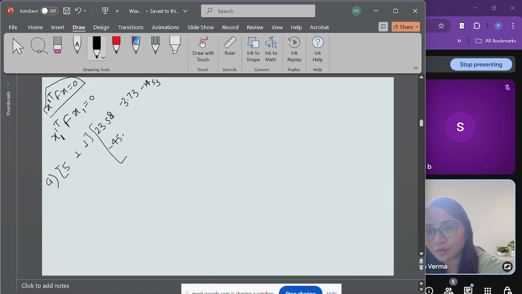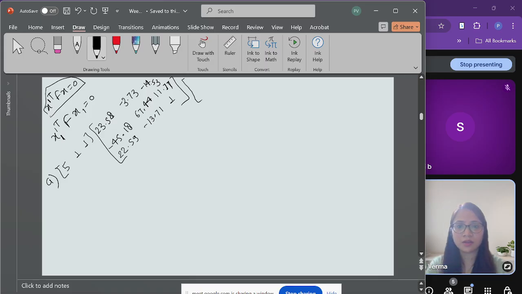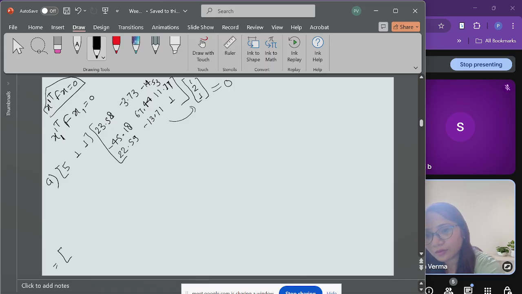Next is minus 45.18, 67.44 and 11.17, and here 22.59, minus 13.71 and 1. Now next is x1. Our x1 is 1, 2, 1, right? That should be equal to 0 when we multiply all these values. First we will multiply these two, then multiply with this one. Can you multiply and let me know the values?